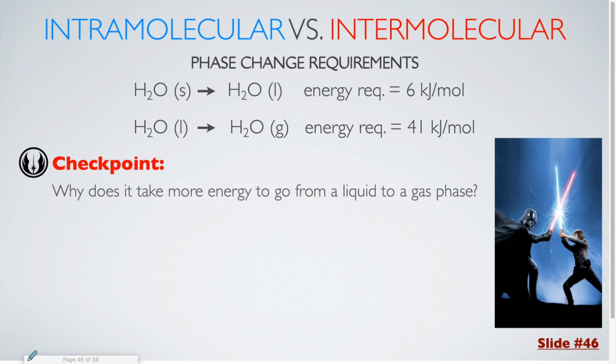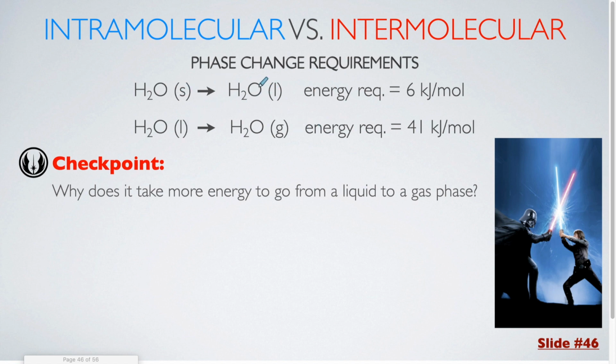All right, for our next checkpoint, we're going to look at two energy requirements for phase transitions. So here, even though this looks kind of like a chemical reaction, we have that arrow in the middle, one thing going to another. You can see that it's H2O the entire time. We're only changing the phase of matter. The S is solid, L is liquid, and G is gas.